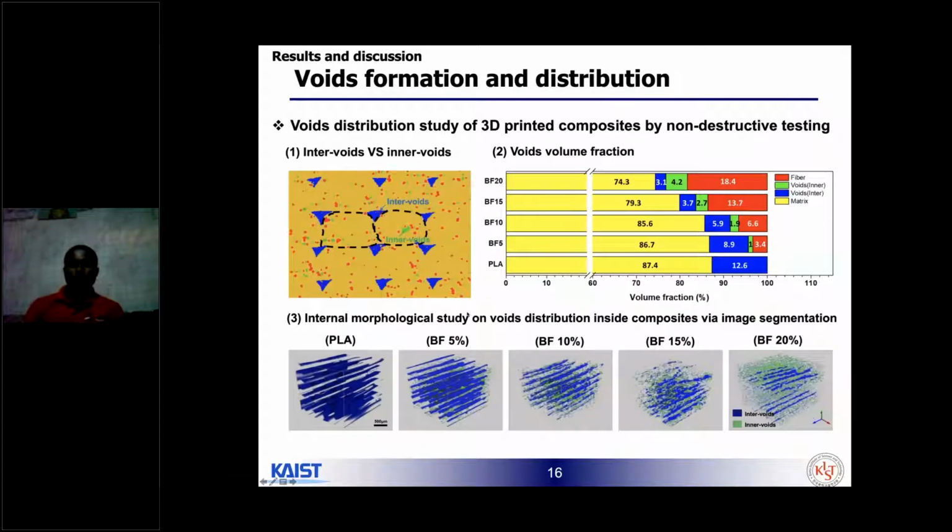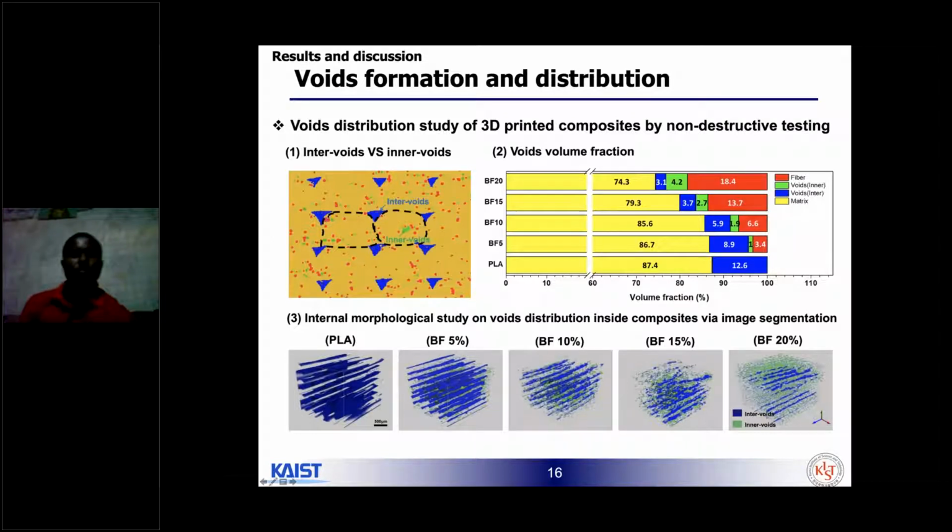The 3D images were quantitatively analyzed to verify the void formation mechanism via selective image segmentation. We specifically investigated the effect of fiber on the void formation during 3D printing. As a result, two totally different types of void were thoroughly observed throughout the entire step.